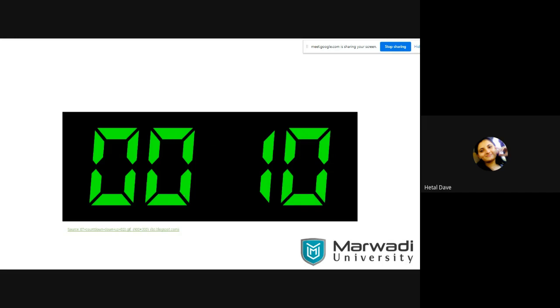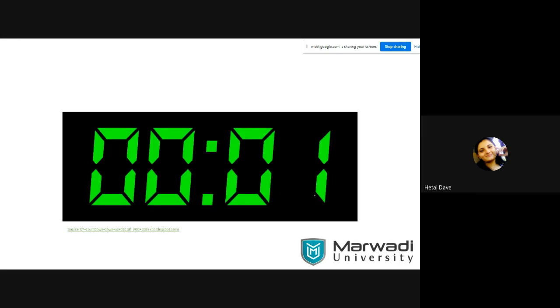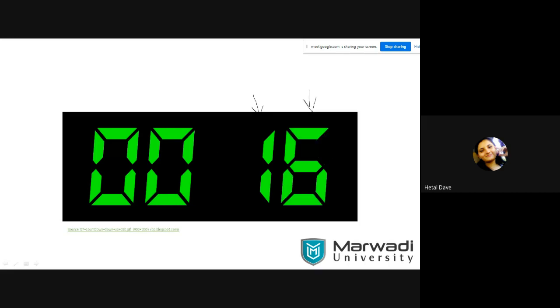So right now what is happening? Let's say 1 1. One is separately displayed and the second one is separately displayed. So a combination of LEDs is used here. Some group of LEDs is used over here, some group of LEDs is used over here. So I need to give some binary pattern to glow the LEDs on this circuit, and I need to give a different binary pattern to make the LEDs on and off in the second circuit.